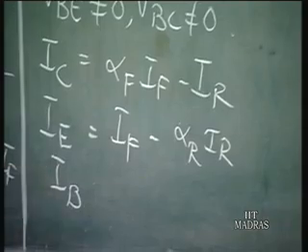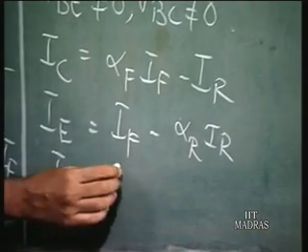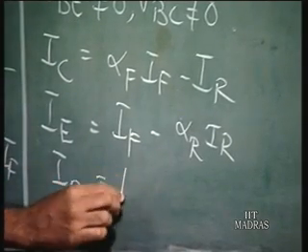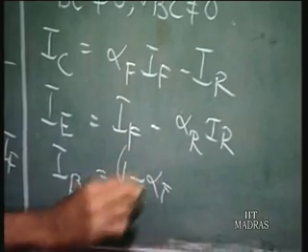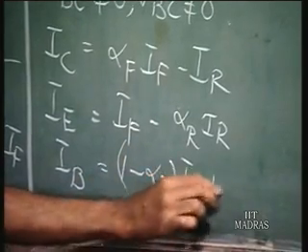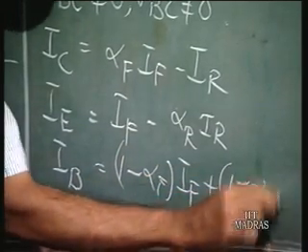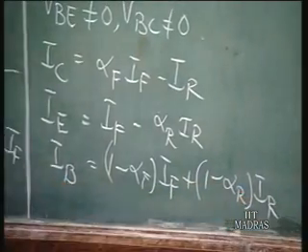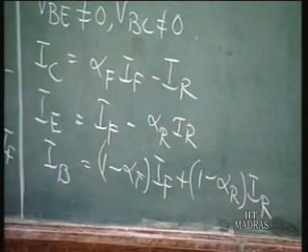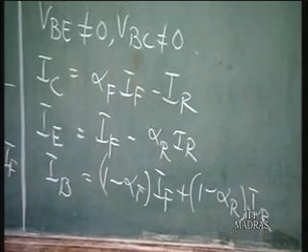IB will of course be equal to Ix plus. So, these are the different currents, okay, as given by this model, all right.